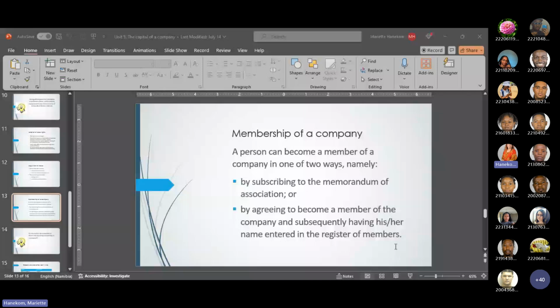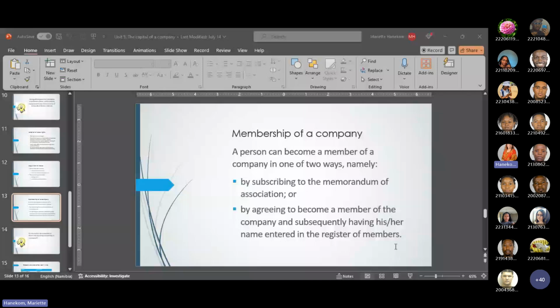When you become a shareholder, you automatically also become a member. So in a company with a share capital, you cannot become a member without also becoming a shareholder.